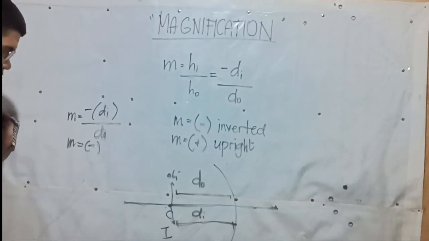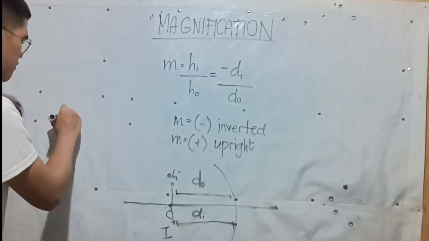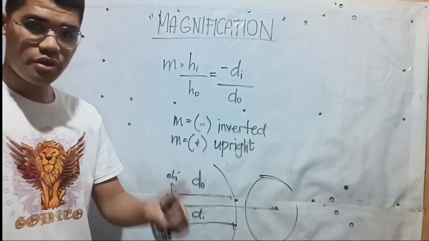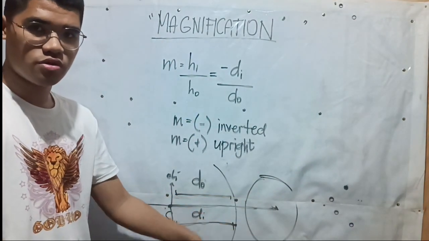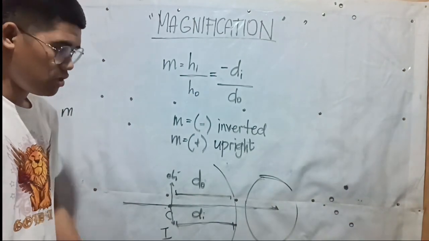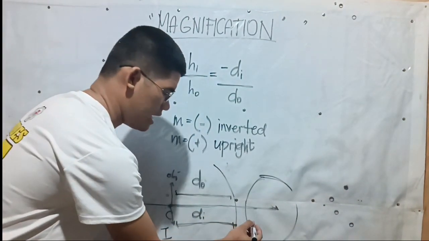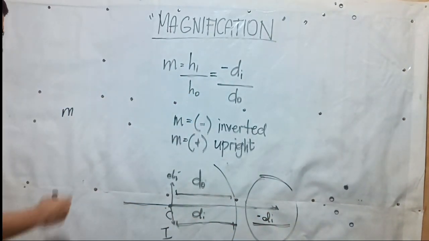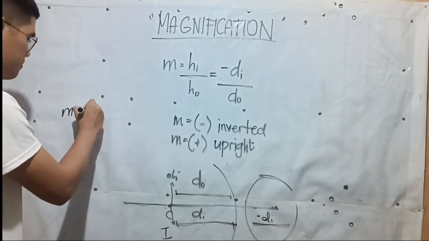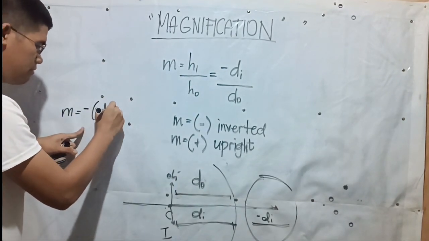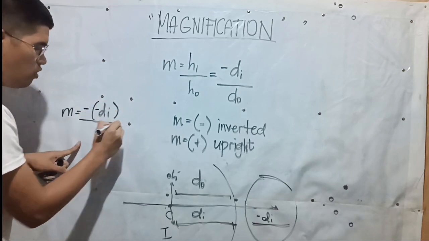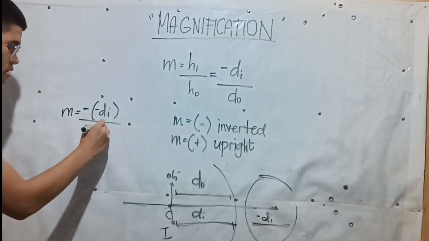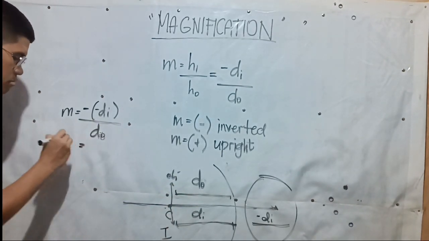Now, if we have our image located on the right side, we don't know if it is above or below. Basta, if our image is on the right side, we have a negative DI. So, according to our formula, if we have a negative DI over a positive DO, the distance of the object, our M will be what?